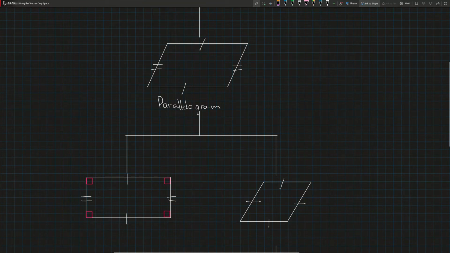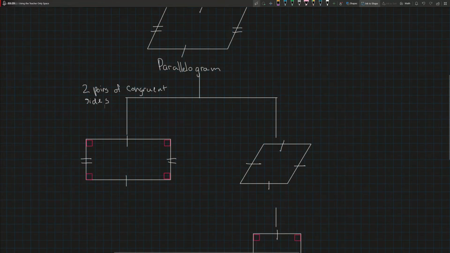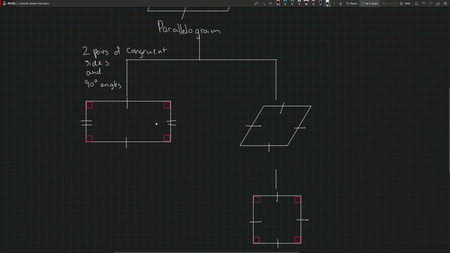Moving on down, now we have two options. Either they have two pairs of congruent sides, in which case you get 90-degree angles, in which case you have a rectangle.